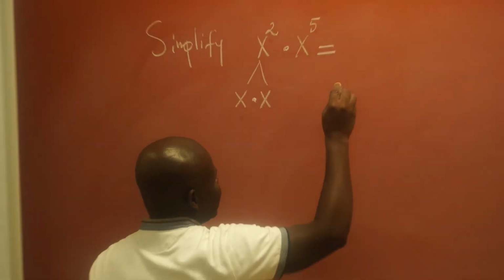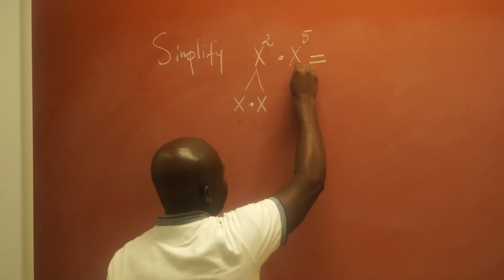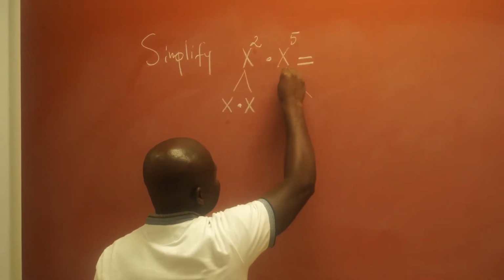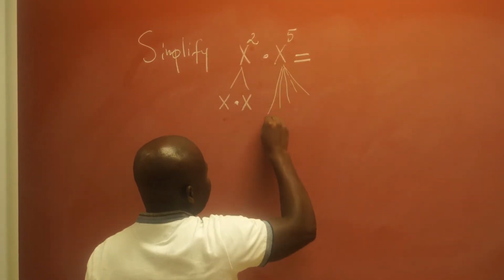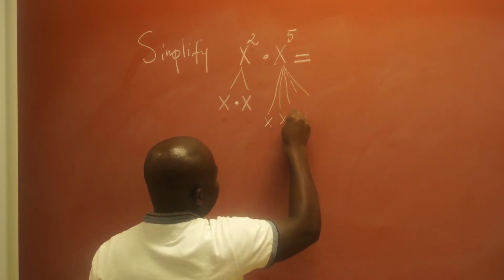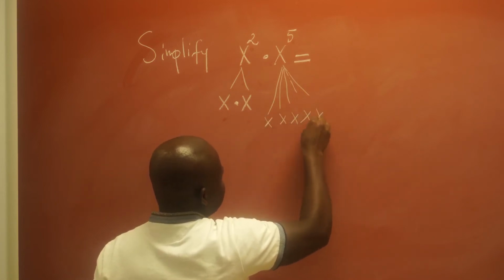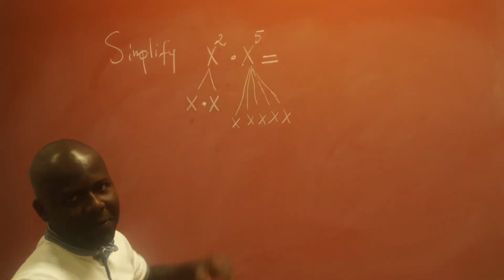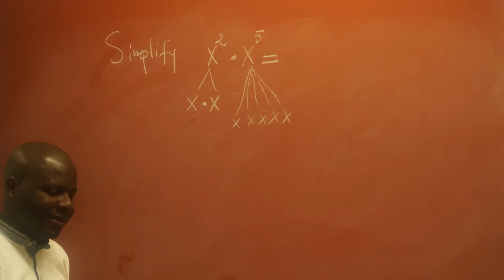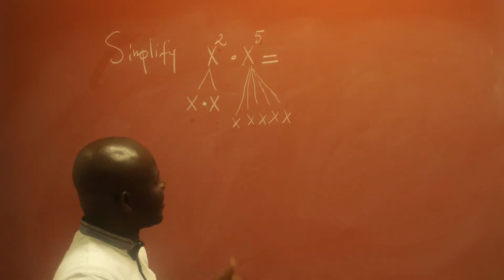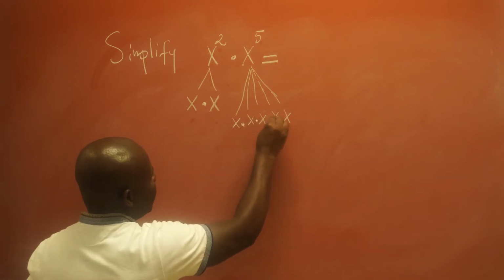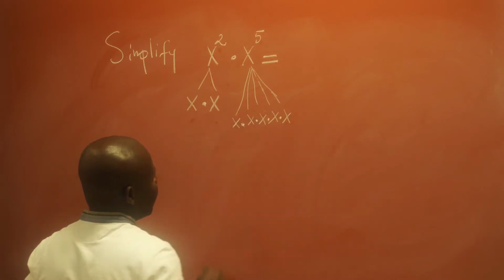With the same logic, x to the fifth power means you have an x and you multiply it by itself 5 times. Again, the power 5 means you multiply x by itself 5 times. So x times x times x times x times x.